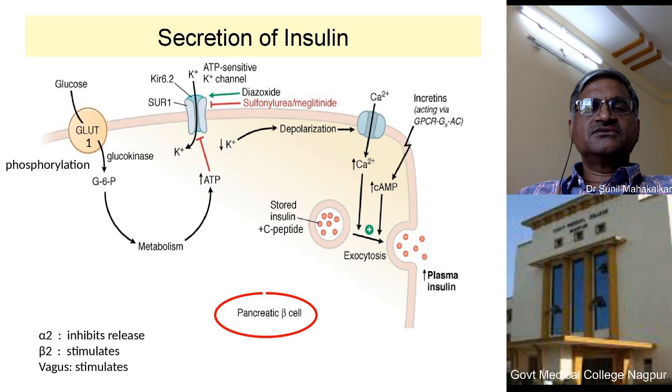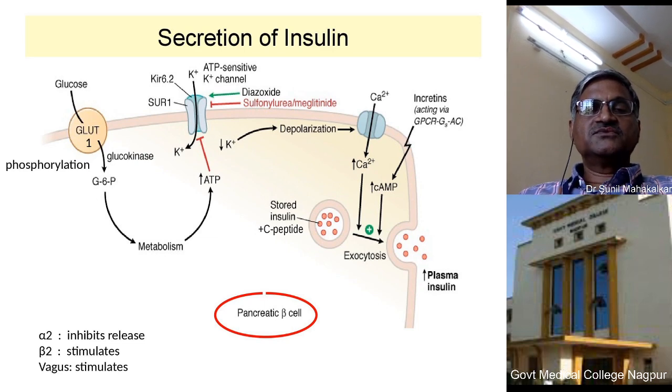So this is a picture of the beta cell. We can see the receptor there, or the channel, which is called the ATP sensitive potassium channel, through which potassium enters. And this entry of potassium is blocked by ATP.